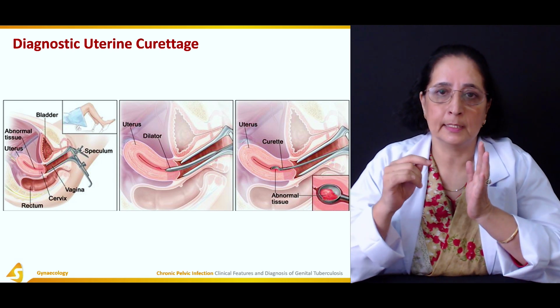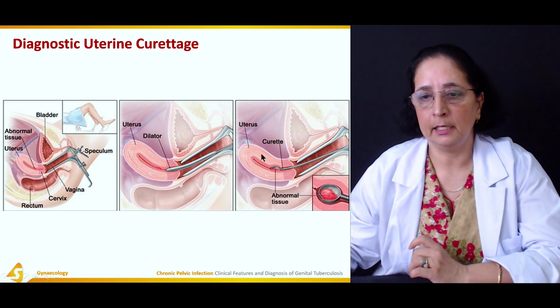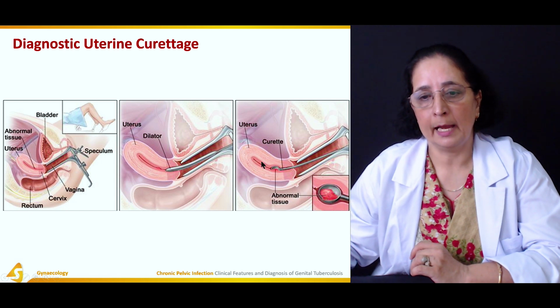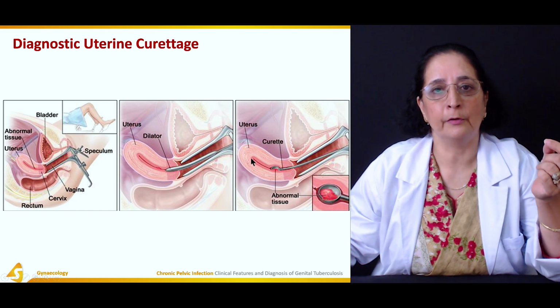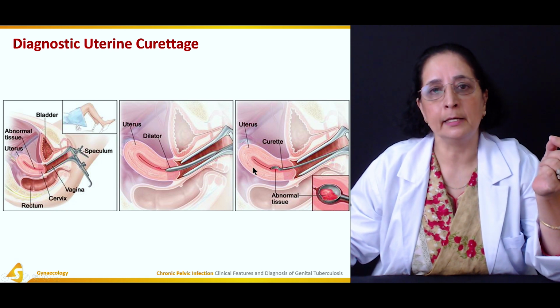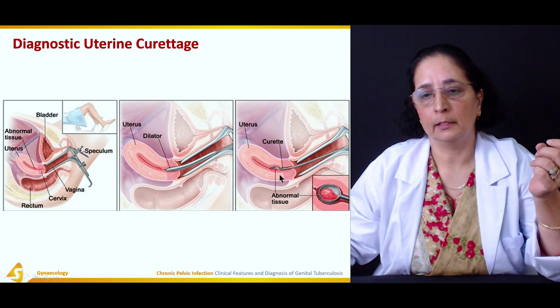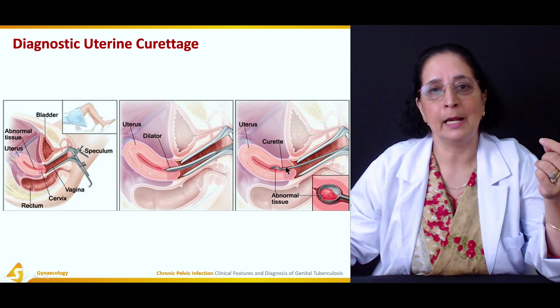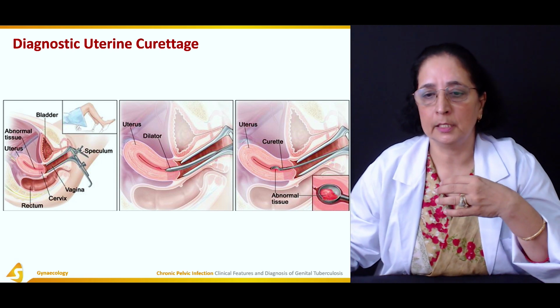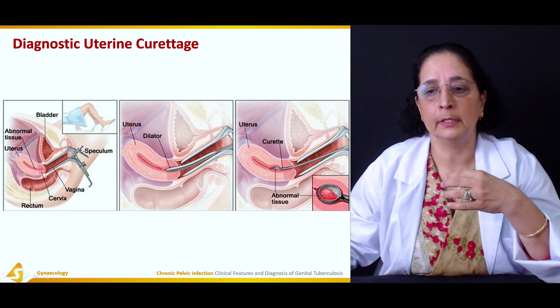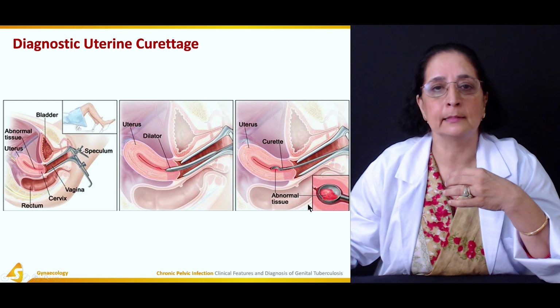so it should be less painful. Cervix is dilated, and then the curette is inserted into the uterus, and the curettage is done with the help of curette. The endometrium lining that is removed with the help of curettage is sent to the lab for the biopsy or examination.